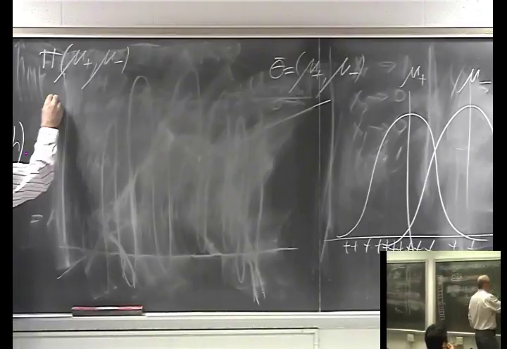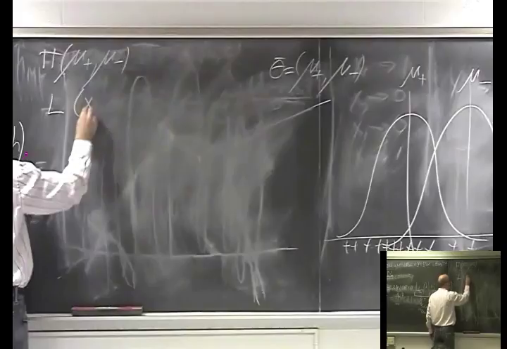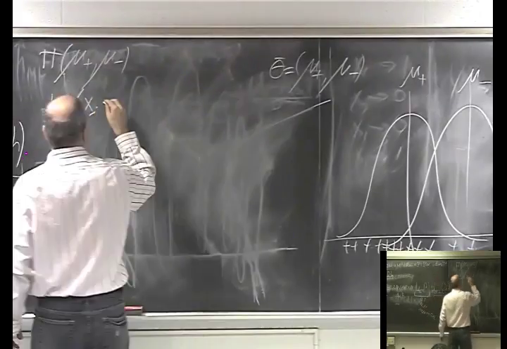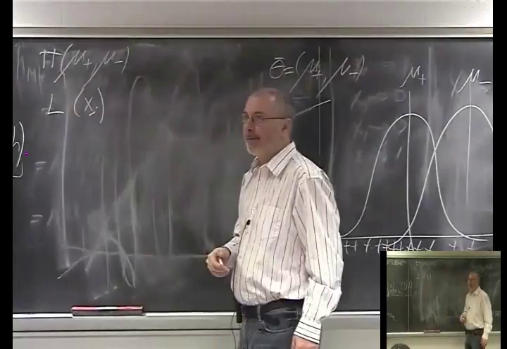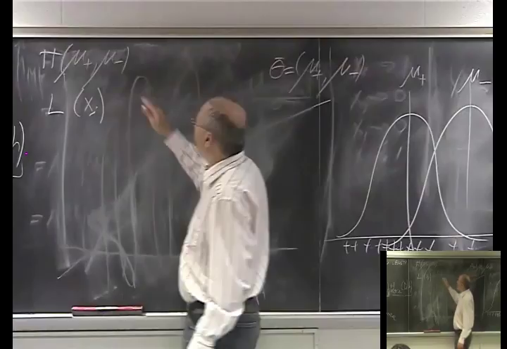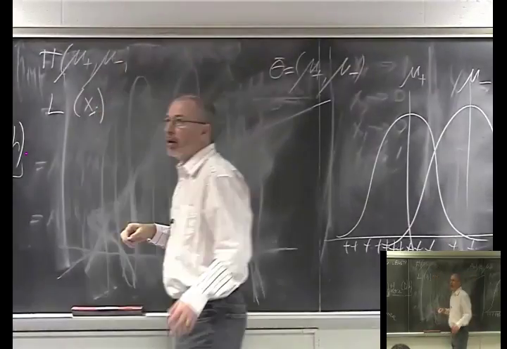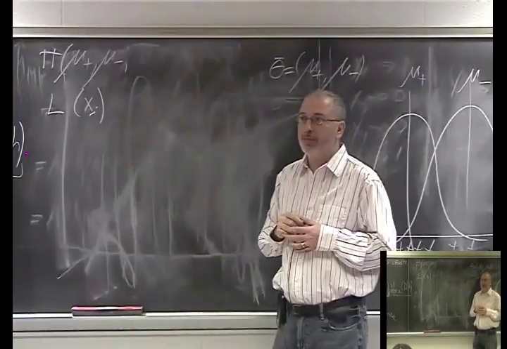Then you have the likelihood function, the likelihood of each particular item xi, and I should add to the prior, there's also the prior probability that you would be in the positive class or in the negative class. Okay?